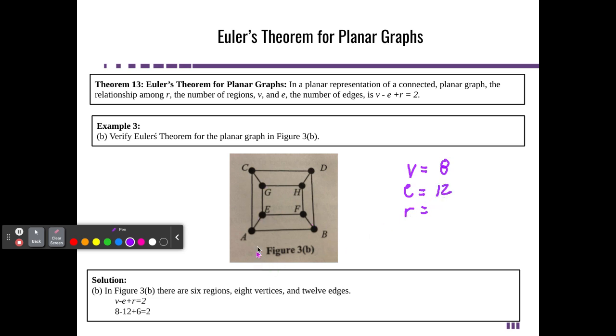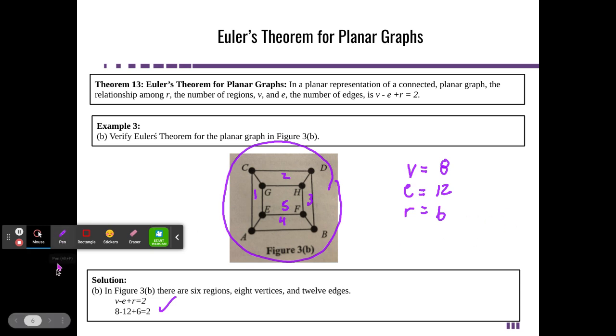And for regions, we have 6. So we have 1, 2, 3, 4, 5, and then the region just outside of the shape that's unbounded, and that gives us 6. We plug that into our little relationship and check. So therefore, this would be a planar graph because the relationship meets the requirements.